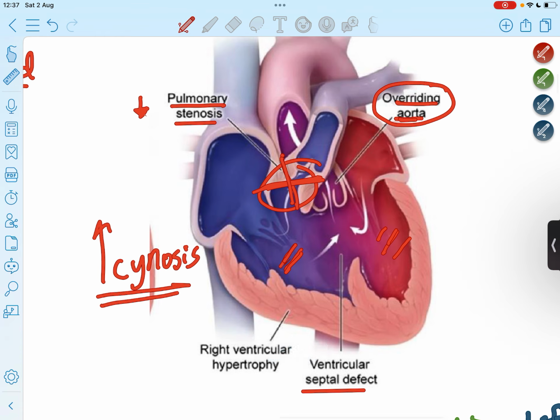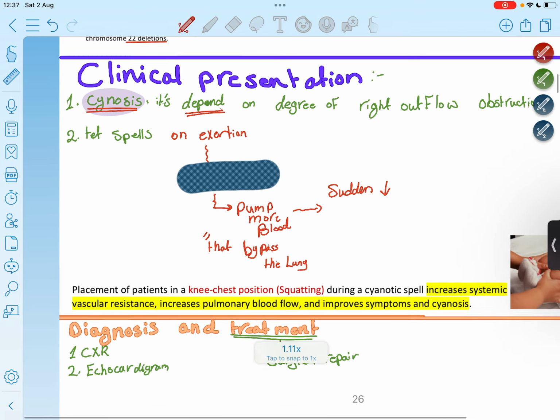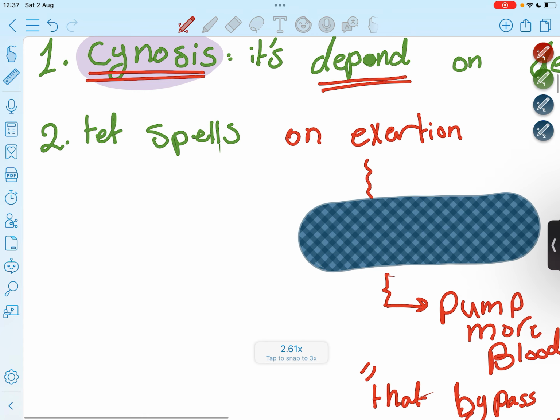It makes sense, because the blood is not going to the lungs, so it will not get oxygenated and will stay in deoxygenated form. We also have tet spells.